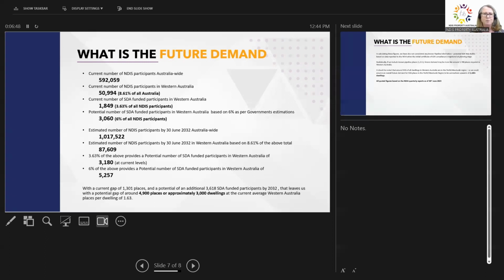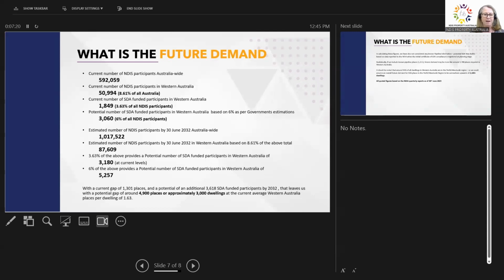So based on those previous percentages, 8.61% would be about 87,500 in Western Australia. 3.63% being the current number of SDA funded participants, 3,180. And if we extrapolate that out to 6%, 5,200 participants potentially by 2032 need SDA housing in Perth.